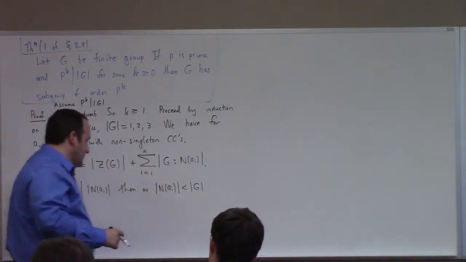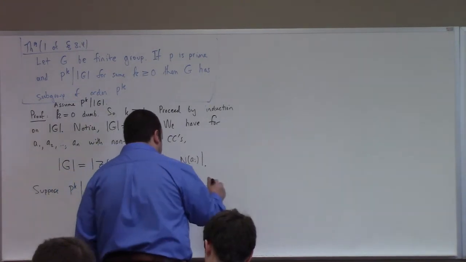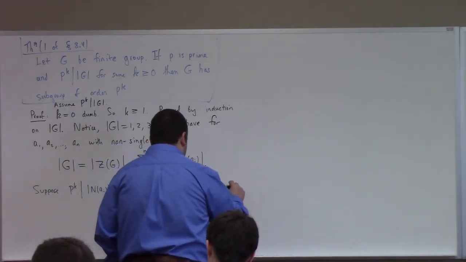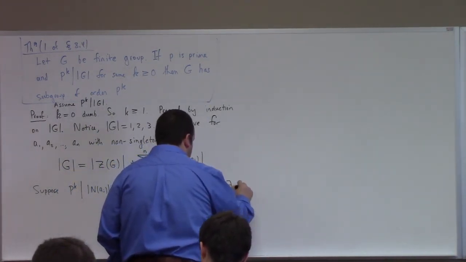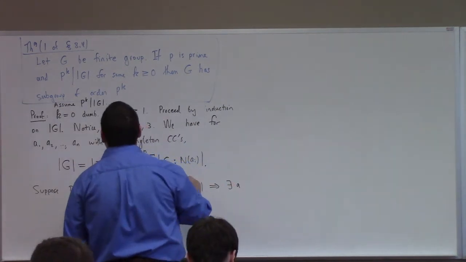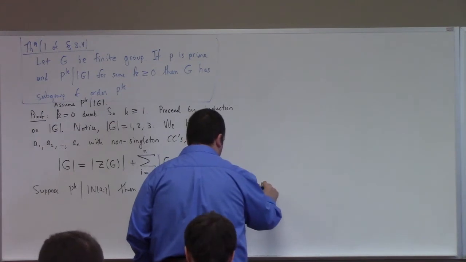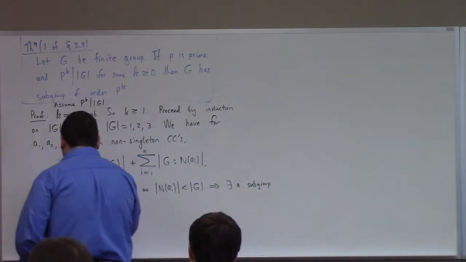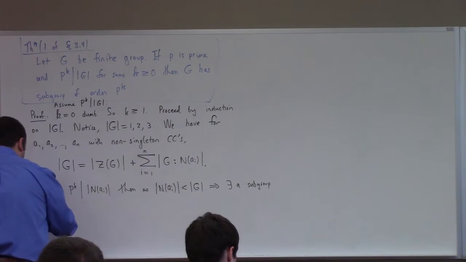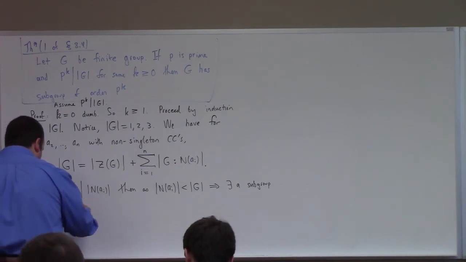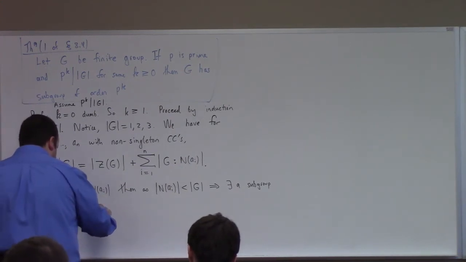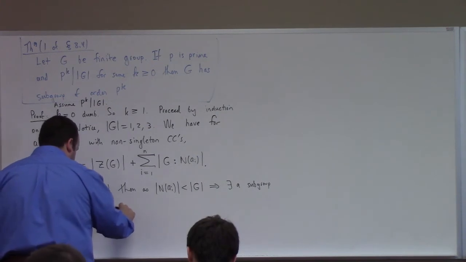I will go on then. So as this is less than G, that implies we can find a subgroup of order p to the k by induction, by the inductive hypothesis.